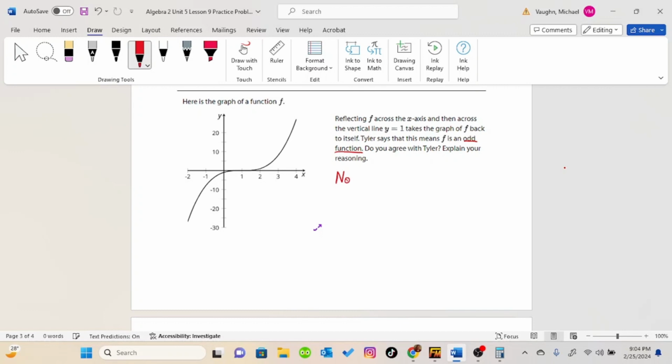So, no, I do not agree with Tyler because an odd function must be symmetrical about the origin. It must reflect across both axes.